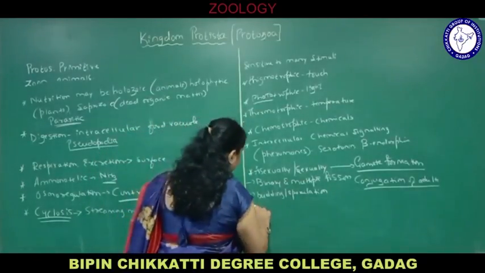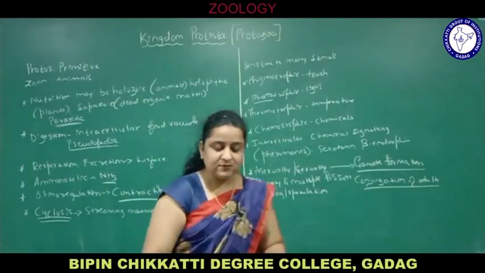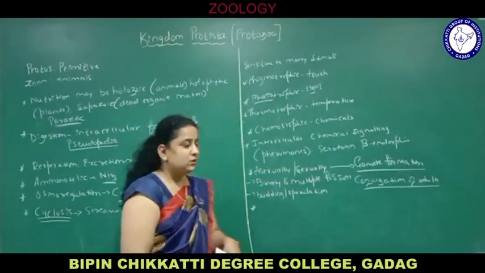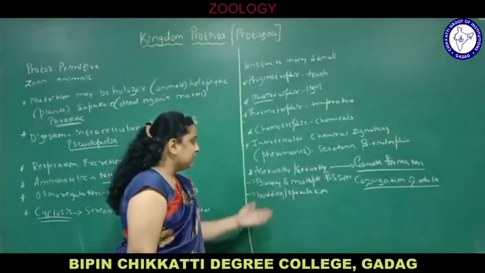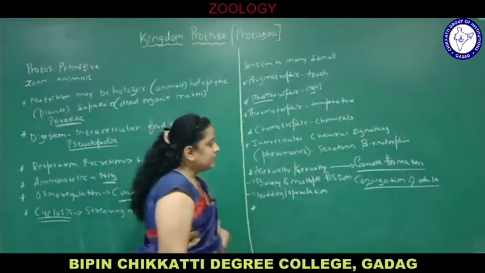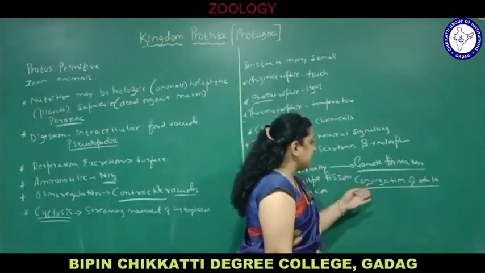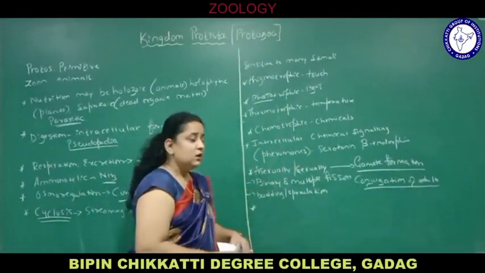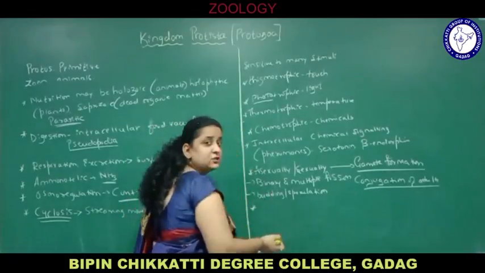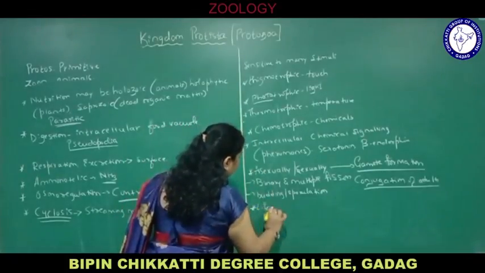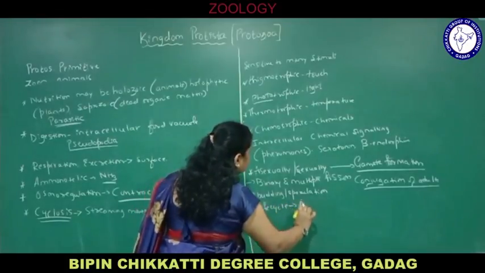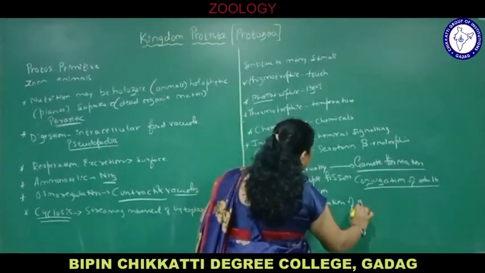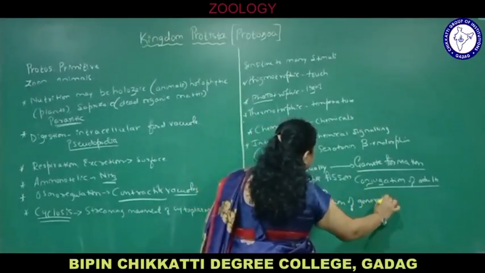Next, coming to the life cycle. Now we have seen the reproduction, right? They reproduce both by asexual and sexual methods. Asexual by binary fission, multiple fission, budding, sporulation. Sexual method is by gamete formation and conjugation of adults. Now what about the life cycle? If you see, different types are there. That type of life cycle is called alternation of generation, that is diplontic life cycle.